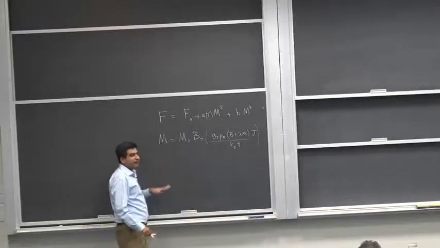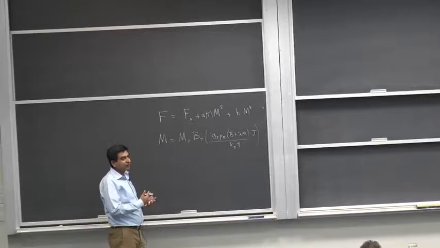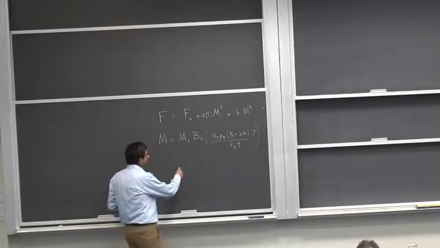And from this mean field model, we were able to derive certain characteristics of the order parameter. We found that the order parameter depended upon temperature in a certain characteristic way. And we were able to write down the critical exponents.